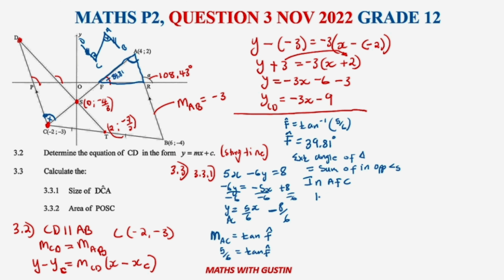The exterior angle in this case is alpha, which is there at R, and it equals the internal opposite angles, A plus F. So we know this one, 108.43, equals A, which we don't know, plus F, which we just calculated as 39.81.